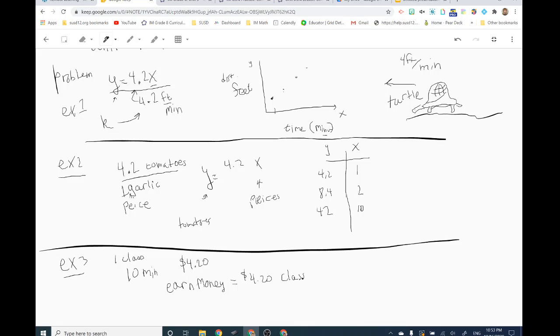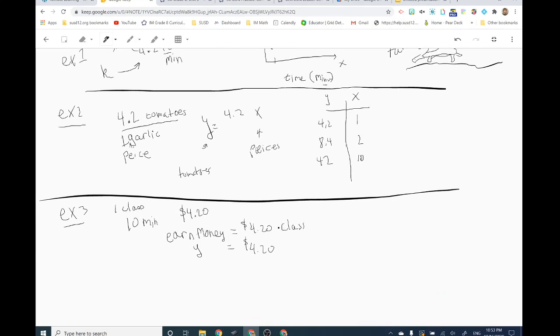So now you can see Y equals money. The constant of proportionality is the rate that she gets paid. And the value of X is the number of classes.